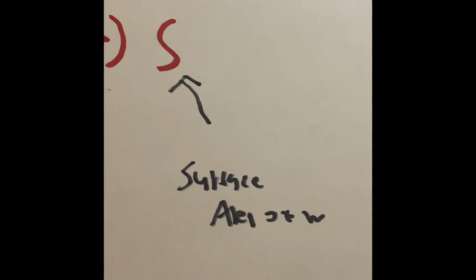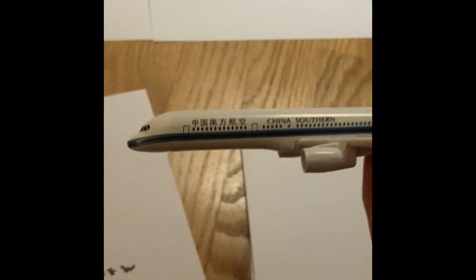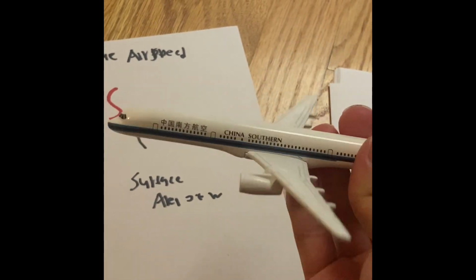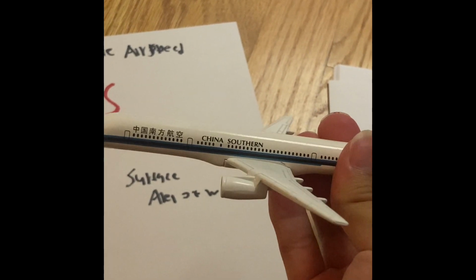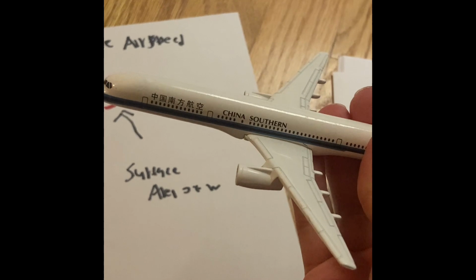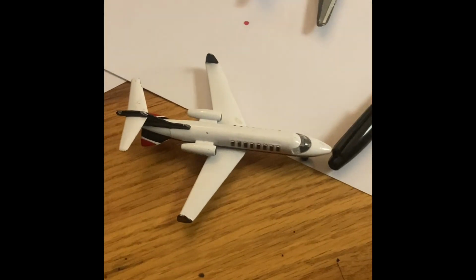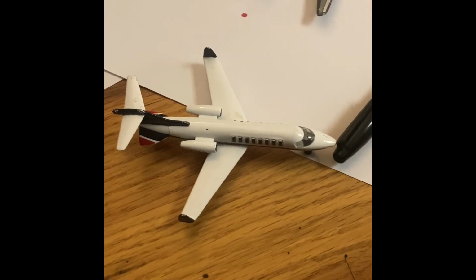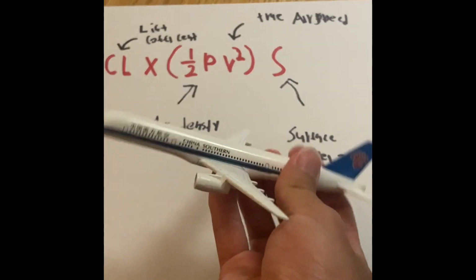For example, you see this Boeing 757 right here, the China Southern model, one of the airplanes that came home from China. Imagine having a Boeing 757. If I took the wings off and replaced them with the wings of a Learjet 45, a tiny private jet, there is not enough wing to cause the 757 to go in the sky and create lift.